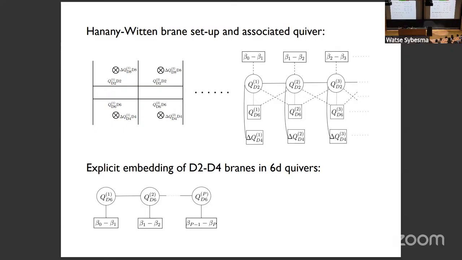If you had the mother theory, the quiver would be described in terms of (1,0) fields, and it would consist of these 6D color groups, with some flavor groups coming from the D8 branes. This is the number of D8 branes, and here you are inserting the D2s and the D4s in a supersymmetric way, and this is the quiver that you have. It's another way of seeing this explicitly.